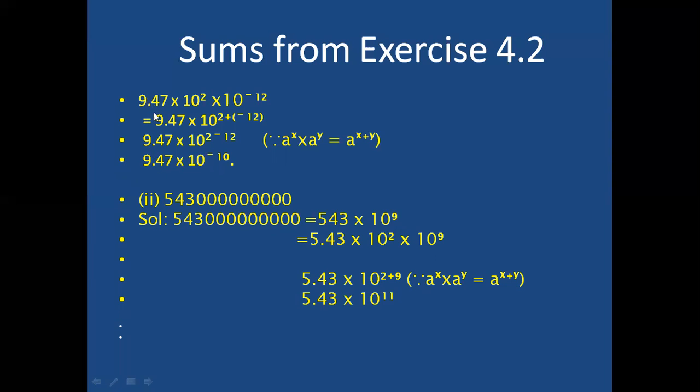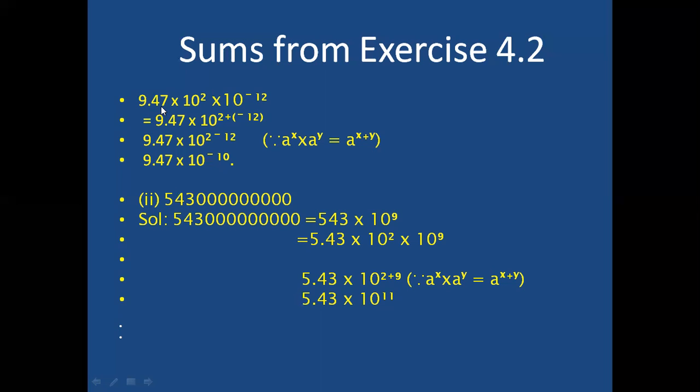When you remove 100 from this, you can represent it as 9.47 multiplied by 100. What will you get? 947. This you learned in 5th and 6th class, decimal multiplication. So 9.47 into 100, how can you represent 100? 10 into 10, which is nothing but 10 square.